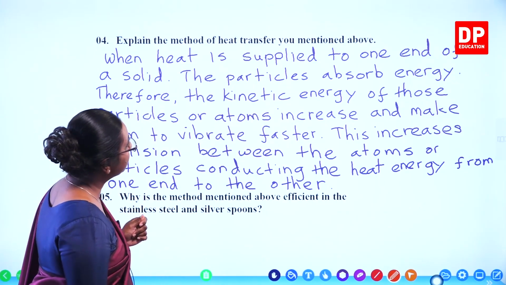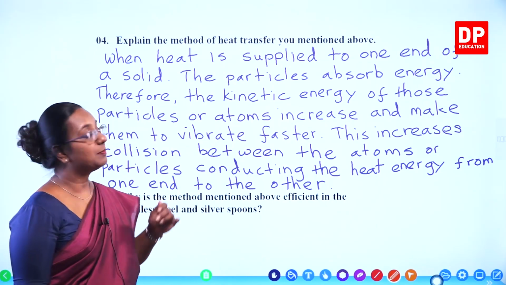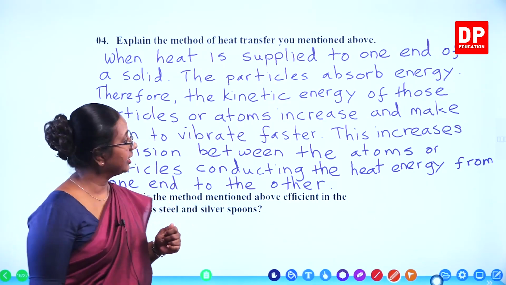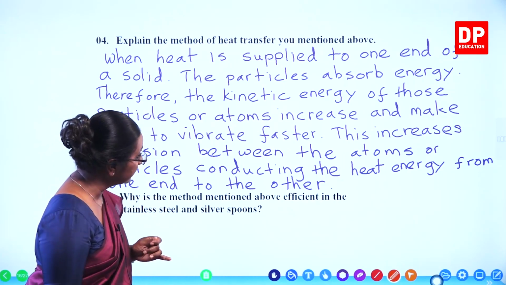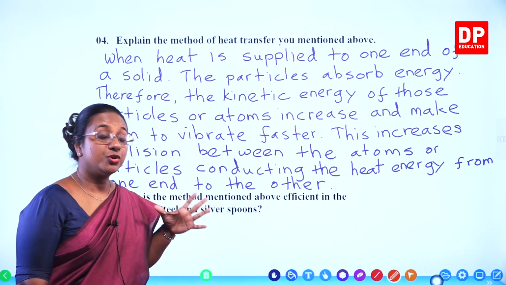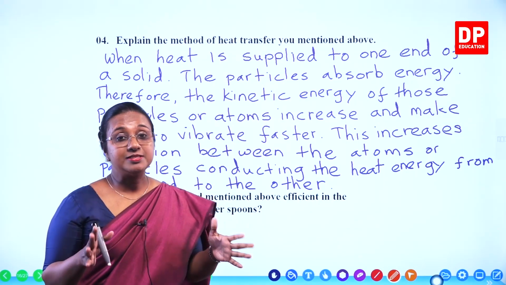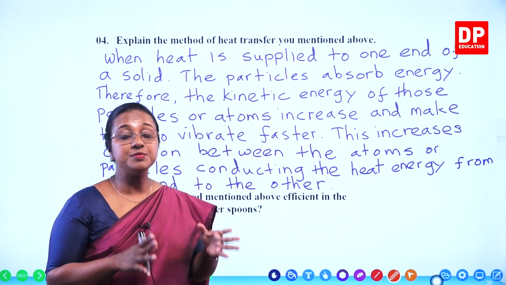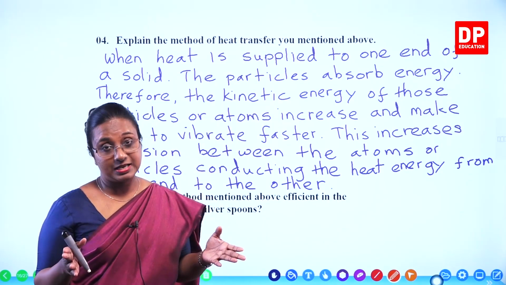So when heat is supplied to one end of a solid, the particles absorb energy. Therefore, the kinetic energy of those particles or atoms increases and makes them vibrate faster. So, you know, students, when we describe a solid substance, you can call them the atoms or the constituent particles.